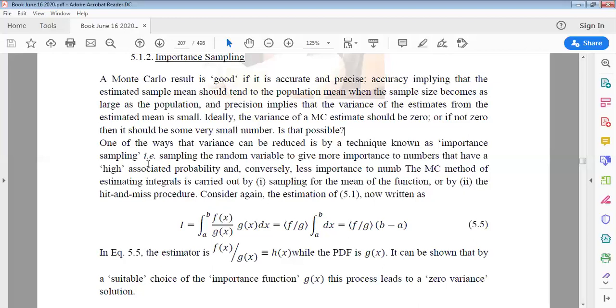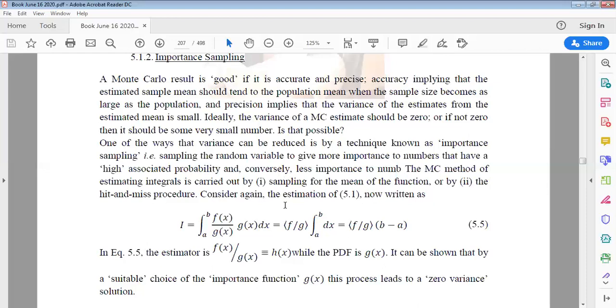I said that e to the minus x gives more importance to the small numbers and less importance to the big numbers, as opposed to a uniform random number, which gives equal importance to small and big numbers. So let's see how we can give more importance to numbers that have a high associated probability, and conversely, how we can give less importance to numbers which have a low associated probability.